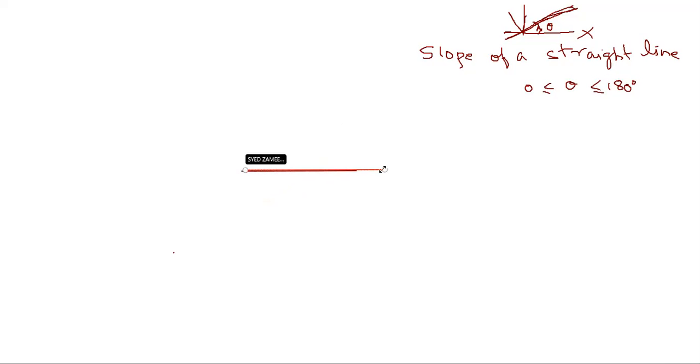There is another line which is now making 0 degree with this line. When it will move, it will make some angle with this point.